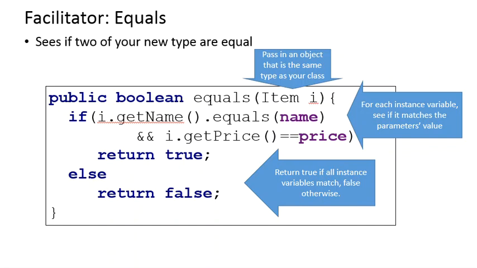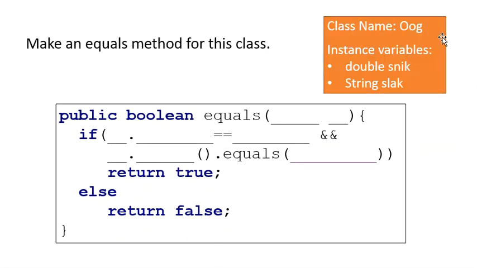So let's try another one of these. Let's say my class name is oog, and I have two instance variables, snick and slack, and I want to make the equals method for this. The first thing I'm going to do is get another oog coming in, since I have an oog of my own. I'm going to call it O. So I'm going to be comparing O's snick and slack to my own snick and slack.